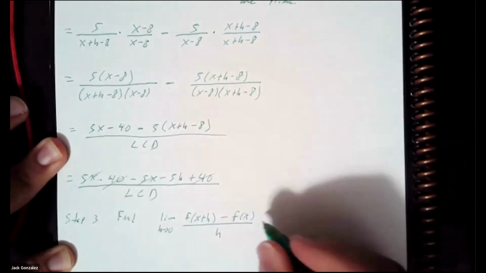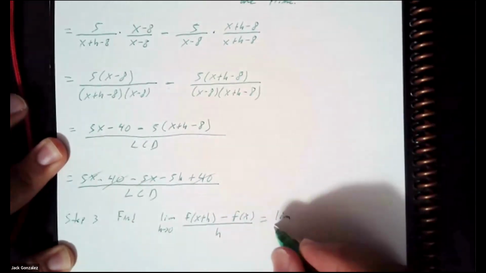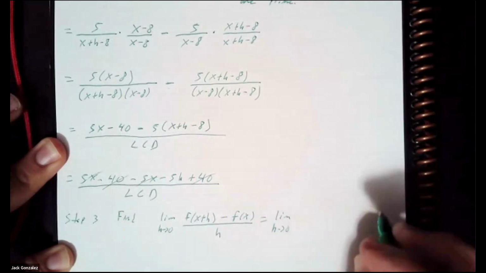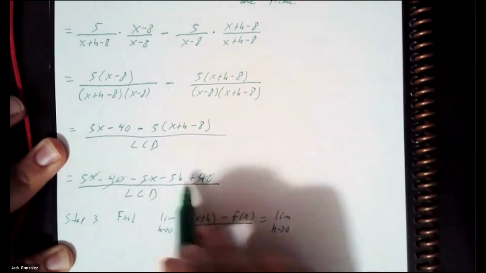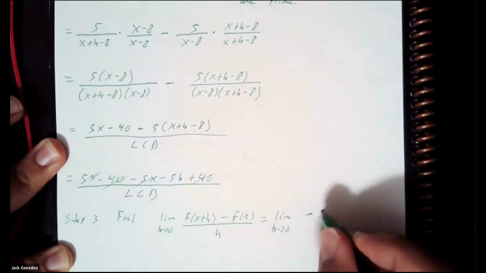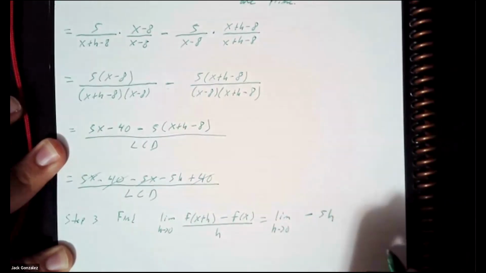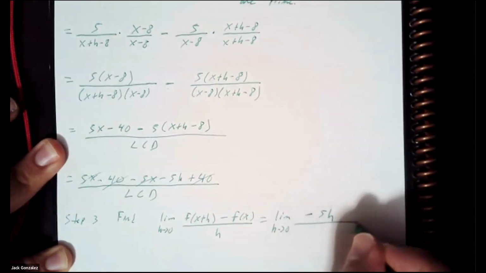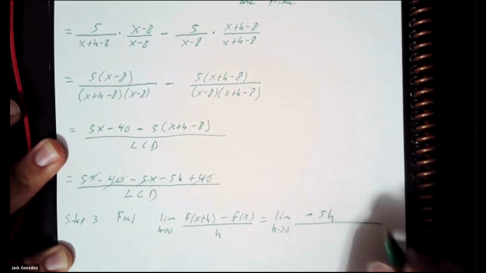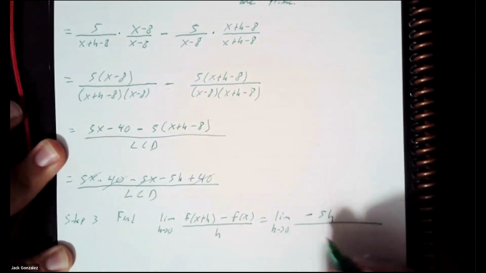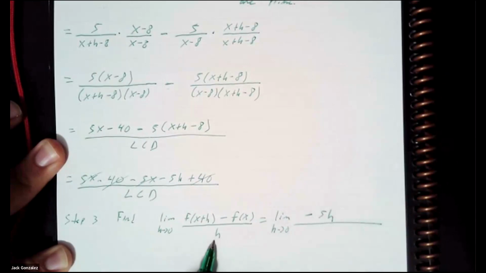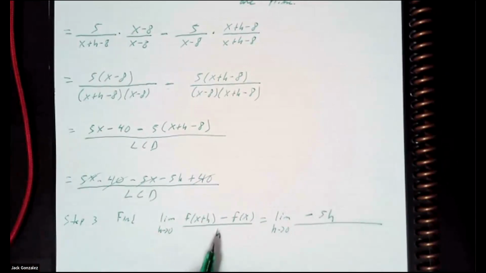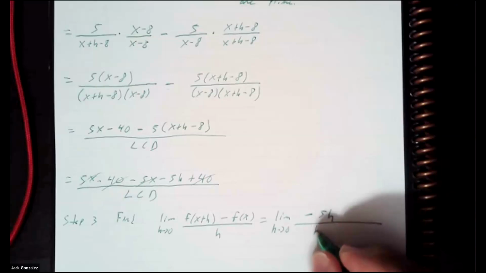So that will be the limit as h goes to 0 of, the only thing left over is negative 5h over this h. Is this algebra confusing you if I put the h like this?